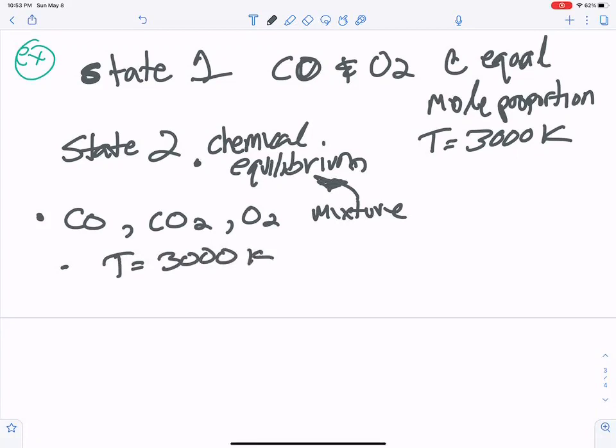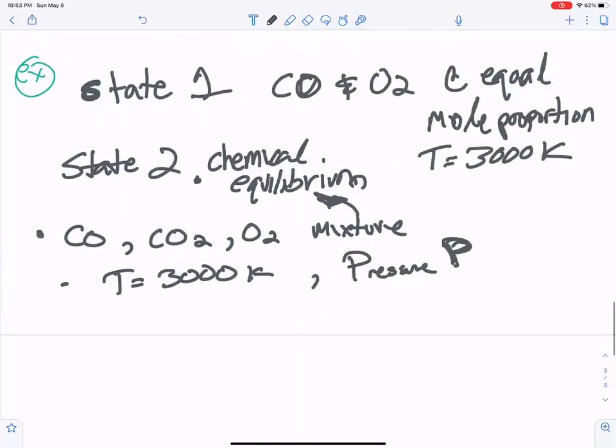And let's say, well, at pressure P. It's general at the beginning, but we're going to simplify it to 1 atmosphere eventually, but let's just leave that in there for now.